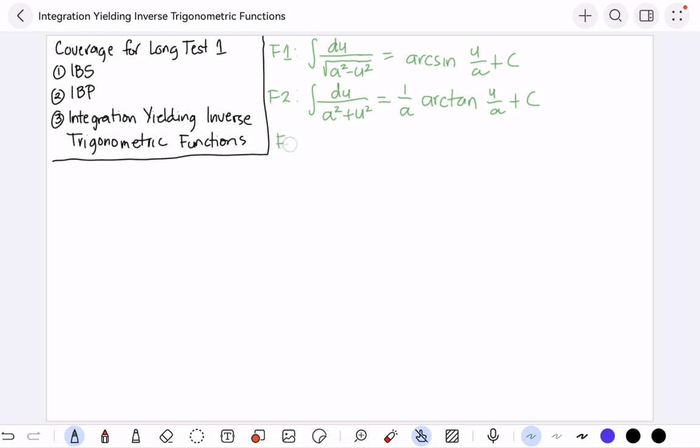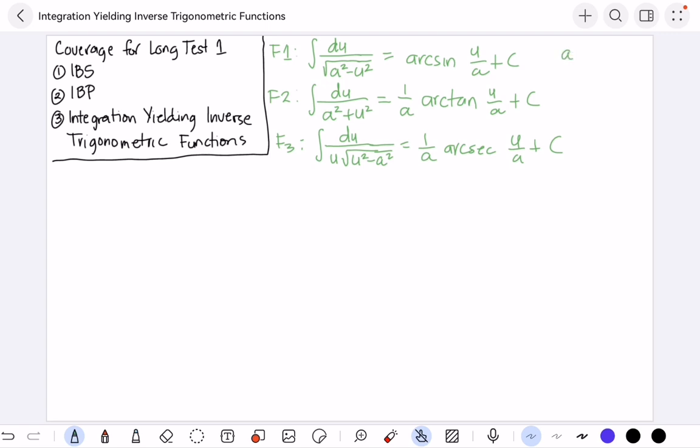And the last, formula number 3: the integral of du over u times the square root of u square minus a square is equal to 1 over a arc secant of u over a plus c.